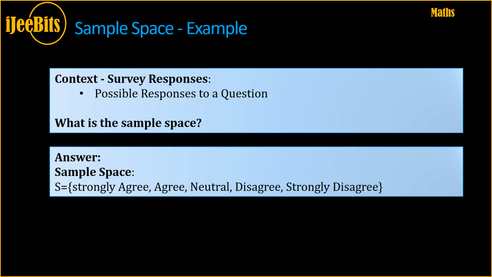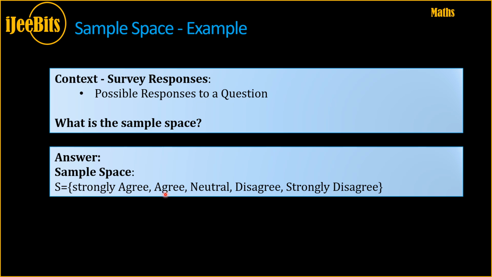Let's say you are doing a customer survey response. You are asking some questions, but the answer to the question would be a simple one from the customer's point of view, right? The possible responses for a survey question would be strongly agree, agree, neutral, disagree, or strongly disagree.